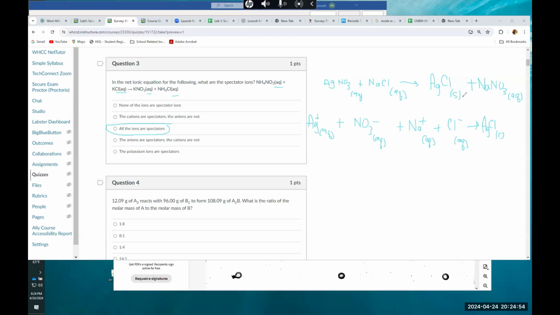So since it's a solid, it stays together. The only time it breaks apart is if it's aqueous.